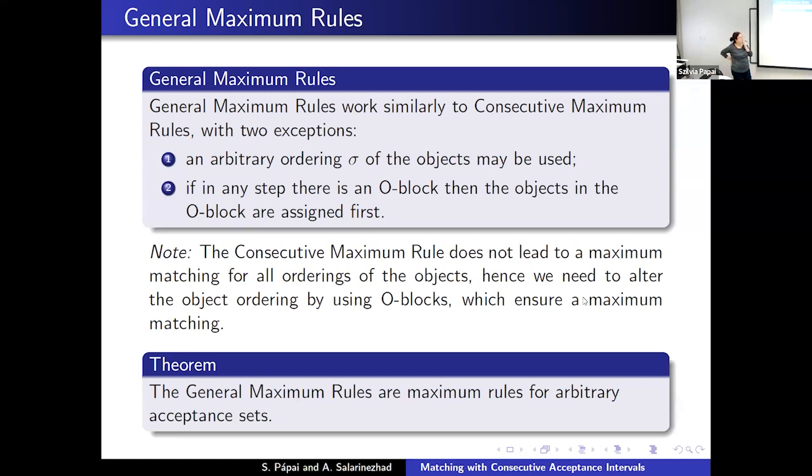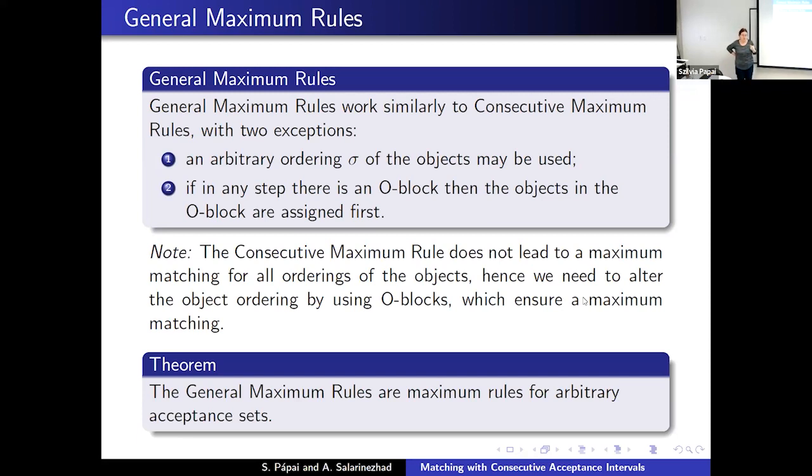But it is true that there could be more objects acceptable. So we could have k agents, and let's say k plus 1 objects which are only in those agents' acceptance sets.